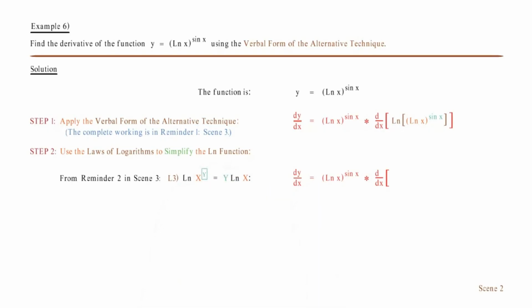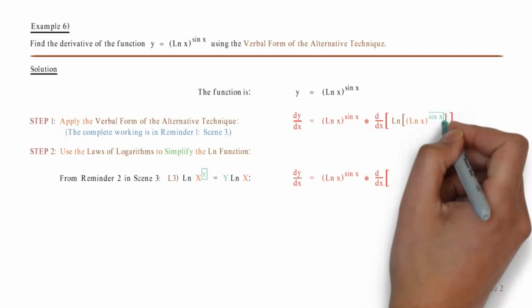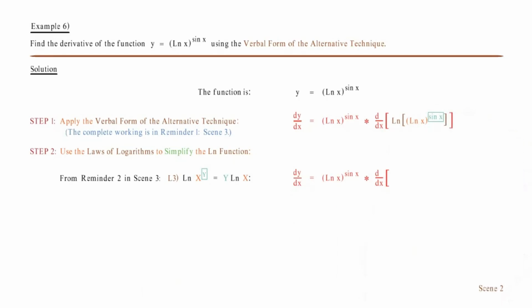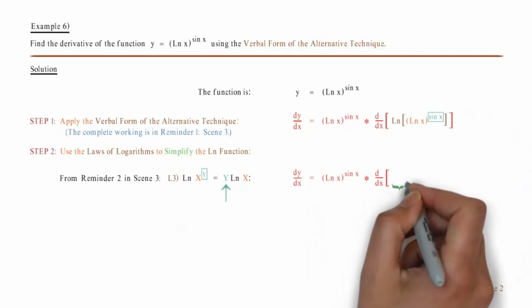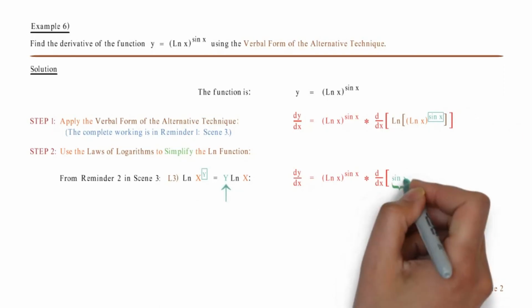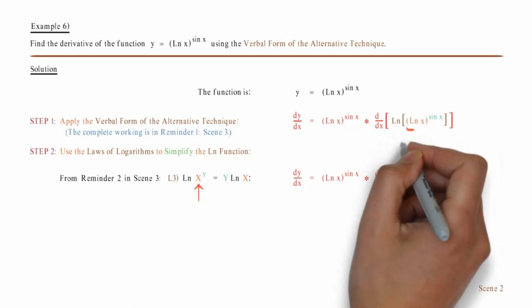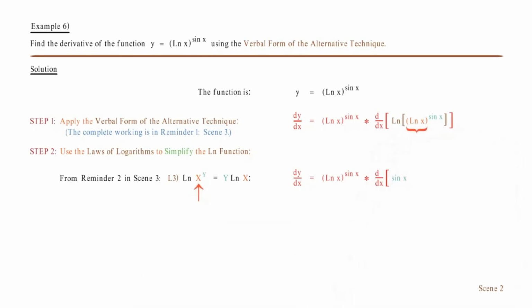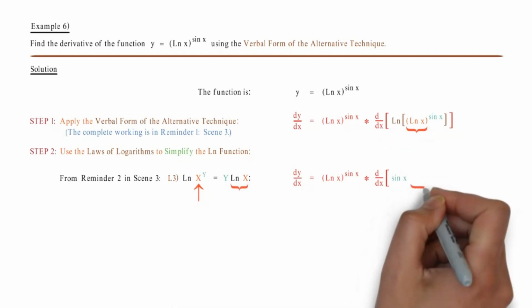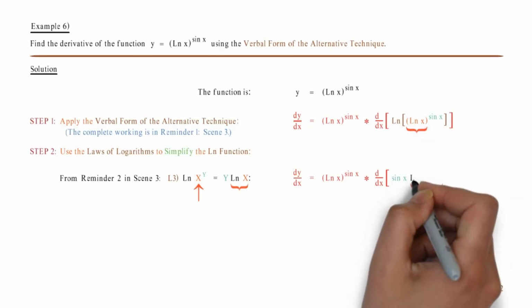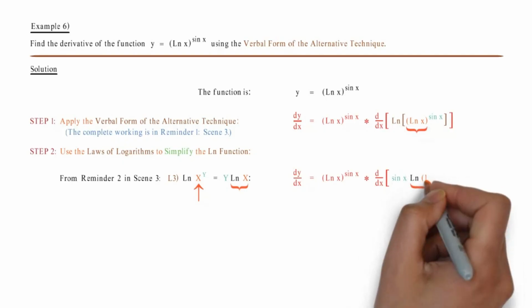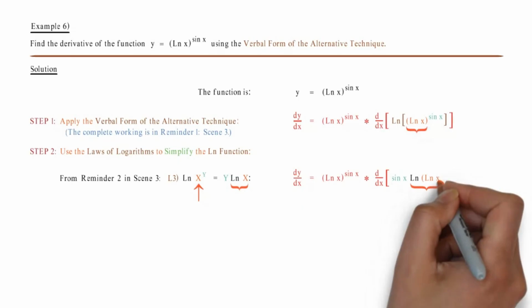Since y is sine of x, replace y with sine of x. Since ln of x to the sine of x is sine of x times ln of x.